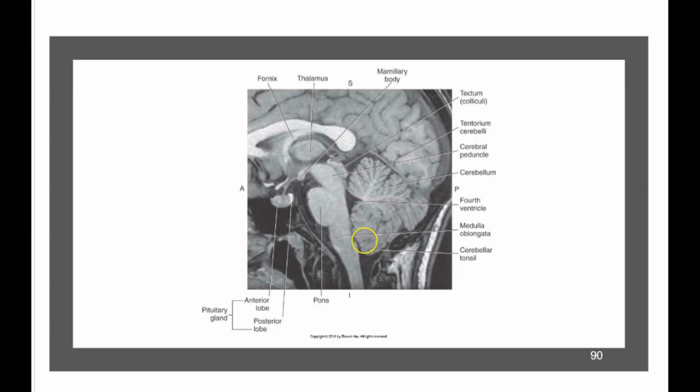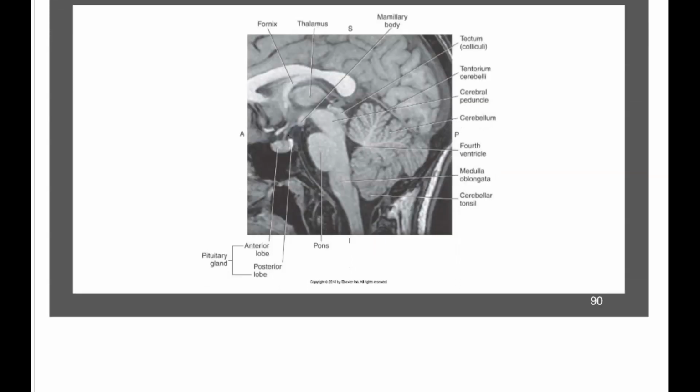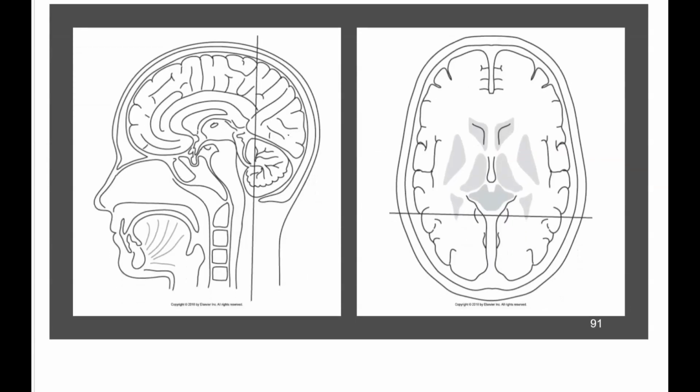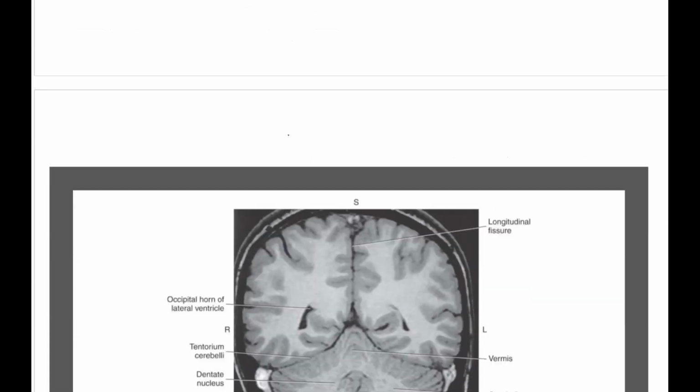So coming down, we have our cerebellar tonsil right there. And we've got our pituitary gland, anterior, posterior, with our infundibulum connecting to our suprasellar cistern in this area. And here's our optic chiasm.